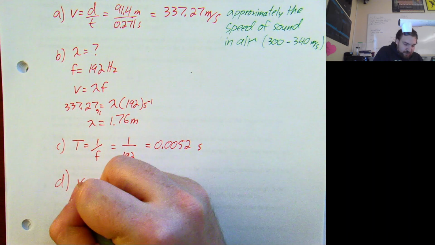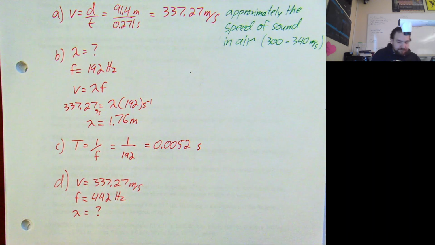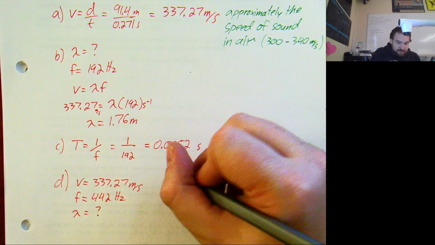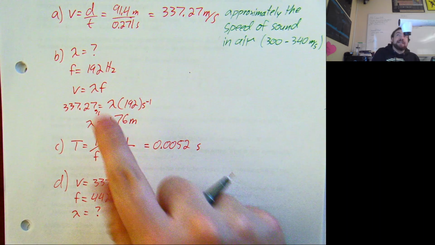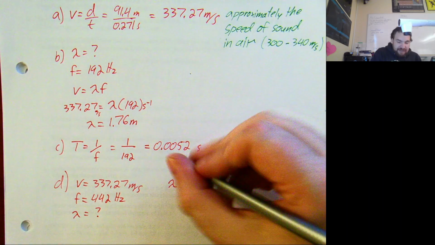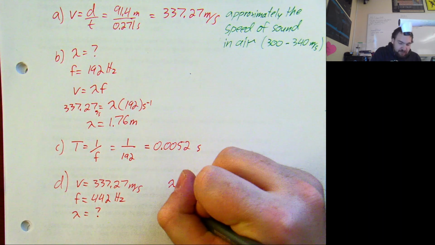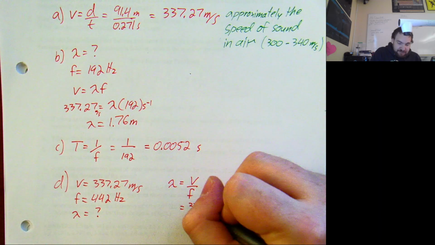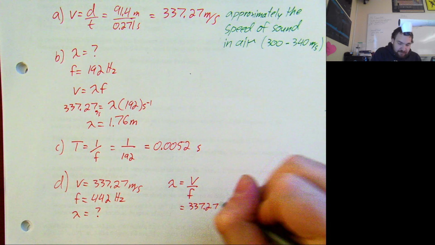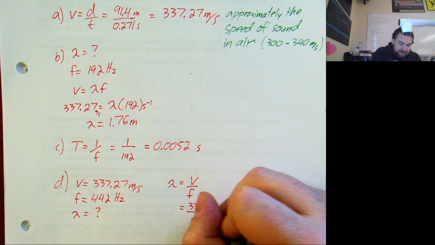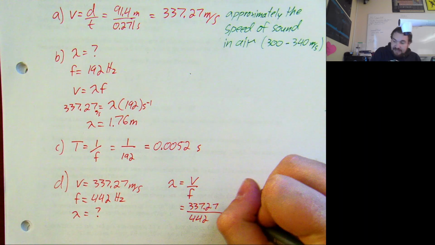What's that going to do to the wavelength? Well, I'll manipulate this equation first. We know the wavelength is going to be equal to the velocity of the wave divided by the frequency. The velocity of my wave is 337.27. The frequency of my wave is now 442. What is that doing to my wavelength?